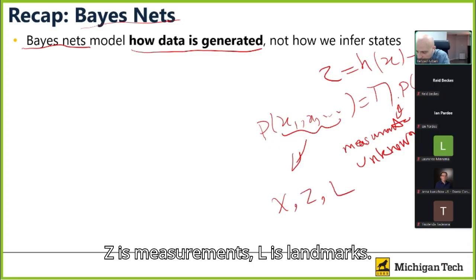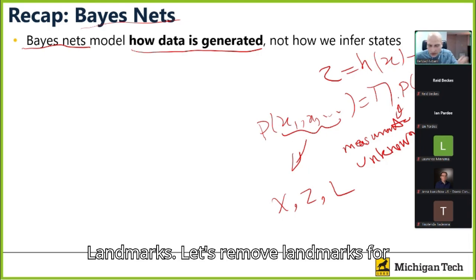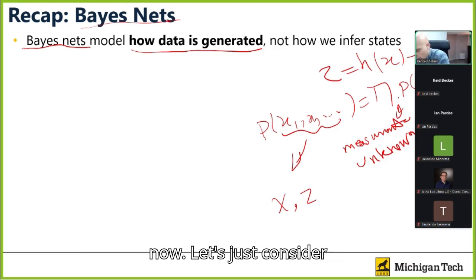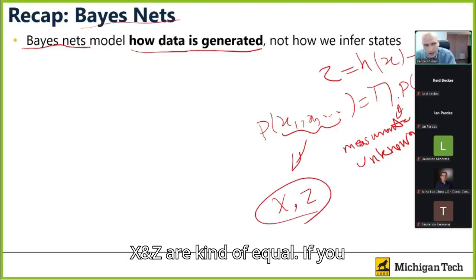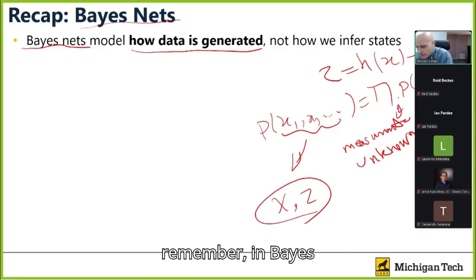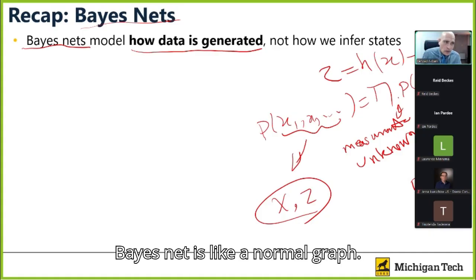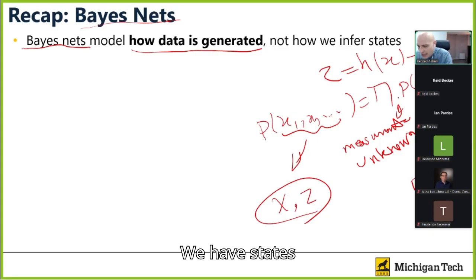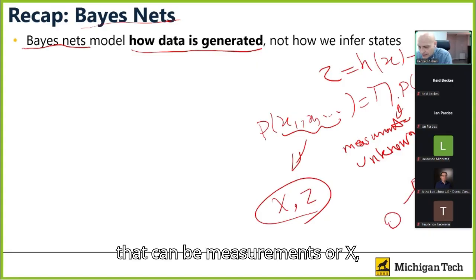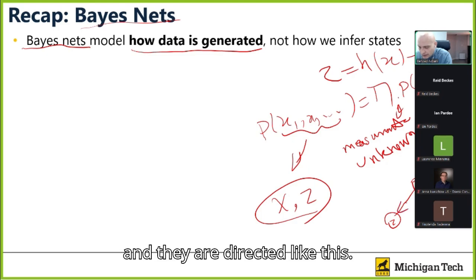Z is measurements, L is landmarks. Let's remove landmarks for now. Let's just consider x and z. In this, x and z are kind of equal. If you remember, in Bayes net we consider both of them as states, because Bayes net is like a normal graph. We have states that can be measurements or x, and they are directed like this.